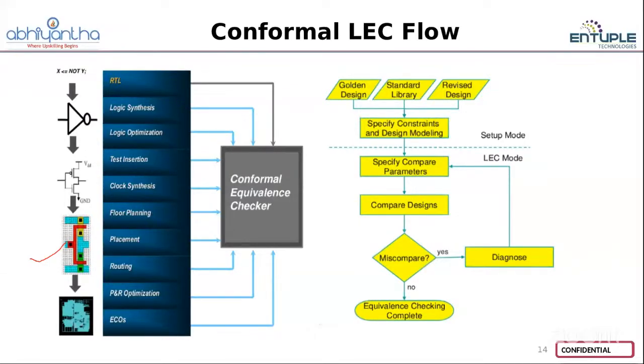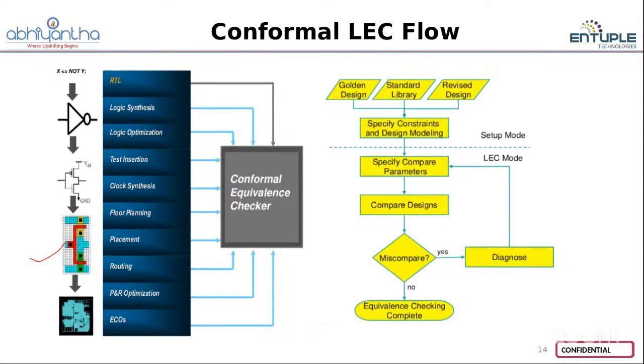All the points are matching, so we are able to convey that your entire process is completed with zero mismatching points, and we can conclude that the miscompared points are optimized by using this LEC method, that is your logic equivalence check method.